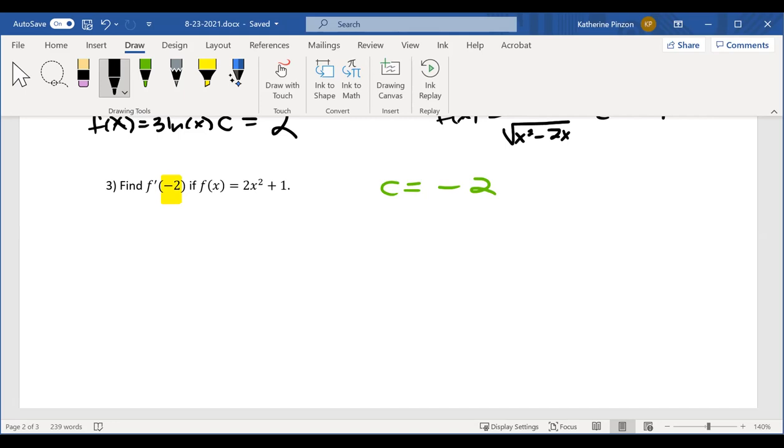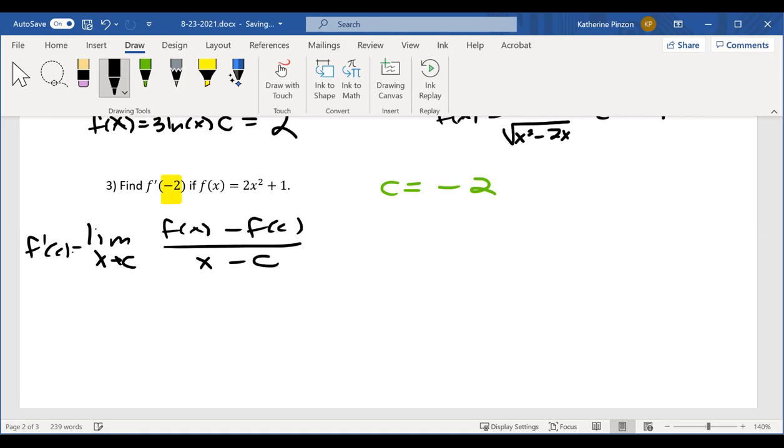I'm going to use the x minus c definition. Okay, so I'm just writing it down. Limit as x approaches c, f of x minus f of c over x minus c. Okay, so f prime of negative 2 is going to be limit as x approaches what?